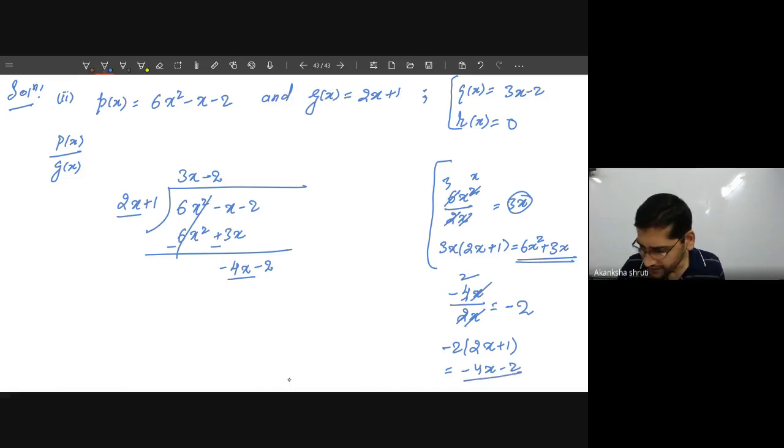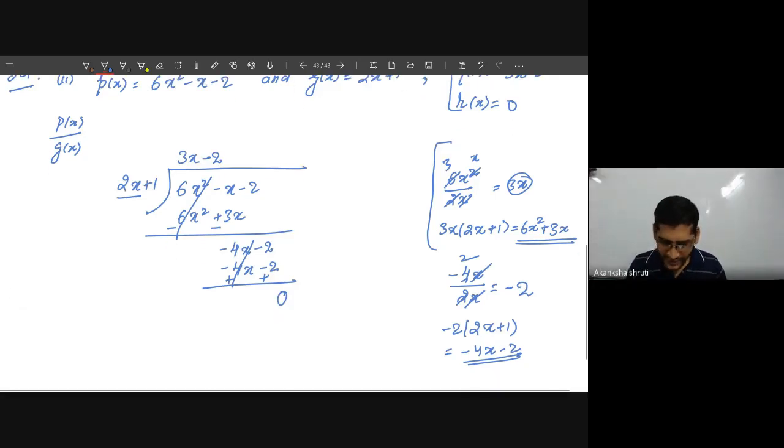So write this minus 4x minus 2 in the main division line. Now change the sign of this lower one. It will turn plus. This will also turn plus. Students, the first term gets cancelled. Also, it is minus 2 plus 2. How much does it become? 0. So what are we getting here?